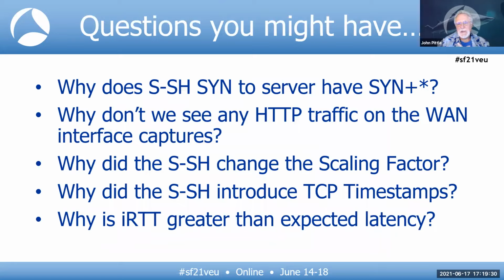So some questions you might have about all of this. Why does the server steelhead SYN have the +*? We just talked about that in the last slide. Why don't we see any HTTP traffic on the WAN interface captures?